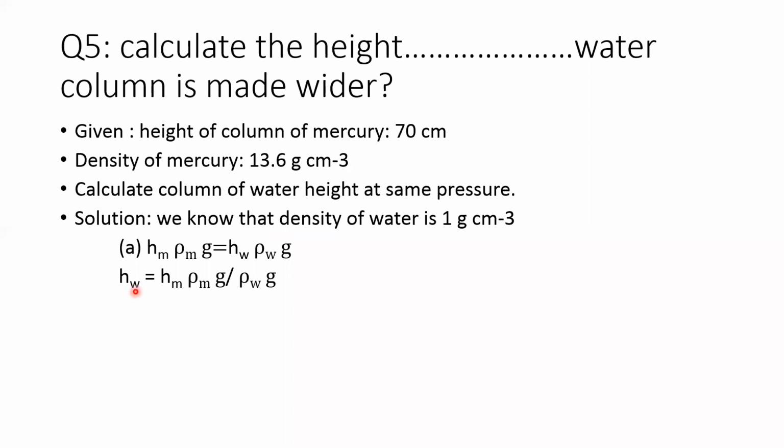So the height of water will be equal to height of mercury times density of mercury times g divided by density of water times g. This is a hint for you. Now calculate applying this formula.